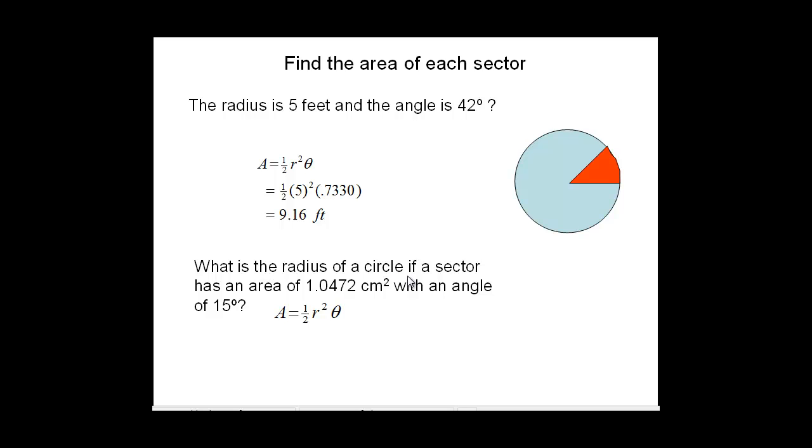What's the radius of a circle? Suppose we have information that the area is 1.0472 square centimeters. The angle is 15 degrees. What's going to be missing this time is our radius. So A is our area. We plug that in. 1.0472 equals 1/2 r squared, and theta is 15 degrees.